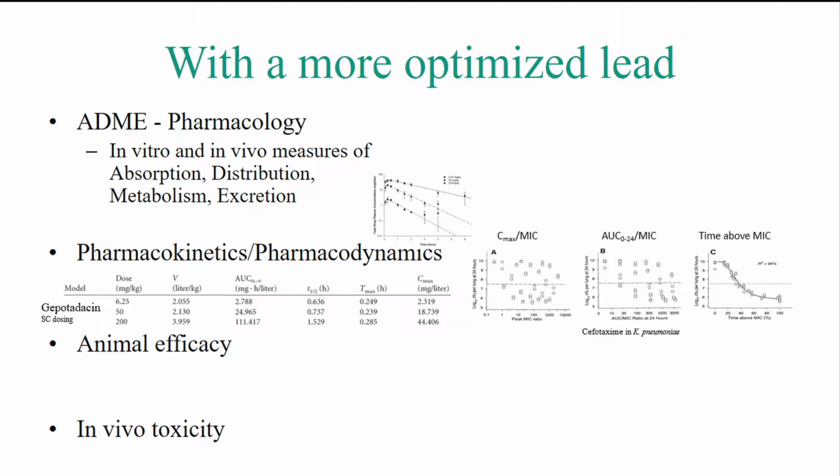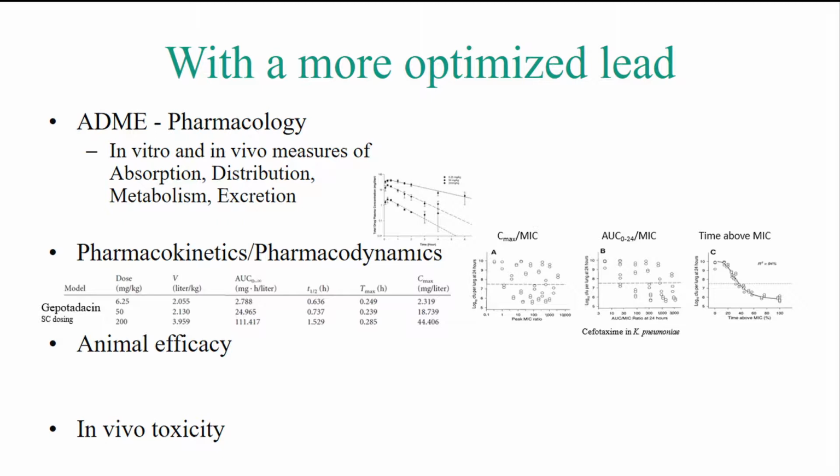And then you can look at the pharmacodynamics, which is basically asking what that dosage and dosage route does in the body, and then what that does to bacteria, to the infectious load. So this is cefotaxime, where you can see that. You're trying to relate the killing, and this is in a lung assay, by cefotaxime to the Cmax, to the AUC, the total dosage, or to the time above MIC.